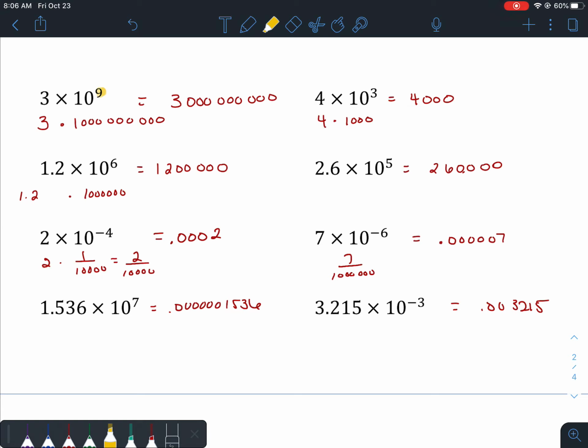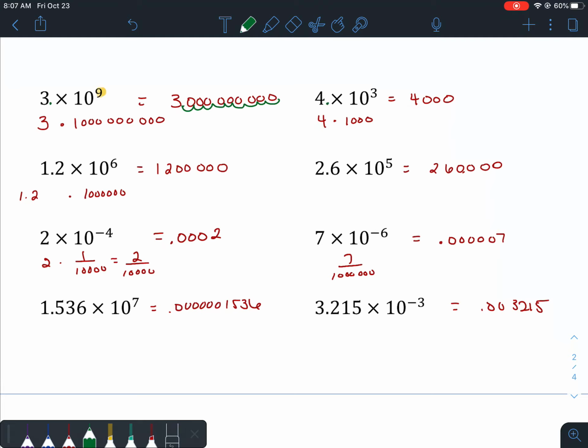Right? So we have 10 to the 9th. That 9 represents the number of spaces after 3. Okay? Where's the decimal point in the number 3? There's an imaginary decimal for every whole number. Where is it? It's right to the right of it. And if we take that decimal and count the number of spaces to the right, it should match the exponent. 1, 2, 3, 4, 5, 6, 7, 8, 9.